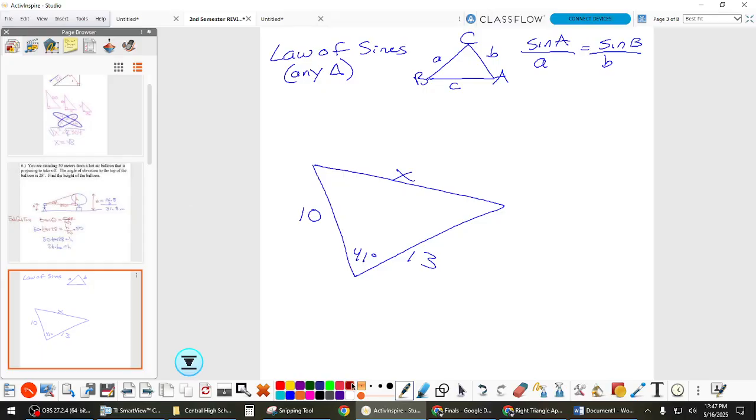Let's do law of cosines too. And I'm just going to leave the same picture up there because we can use the same letters. Yeah, good.